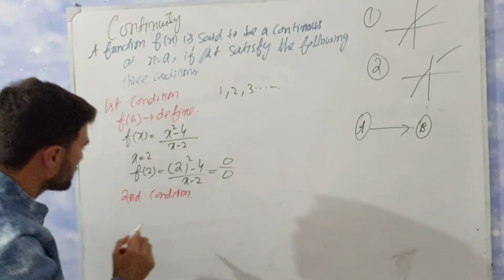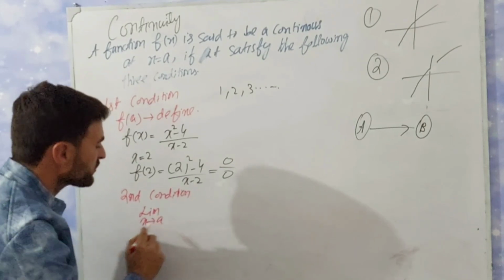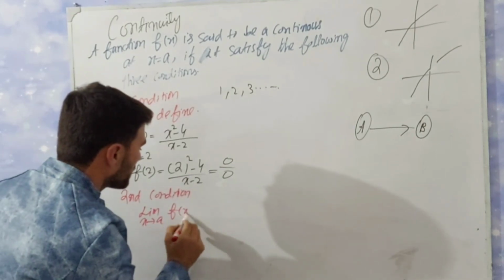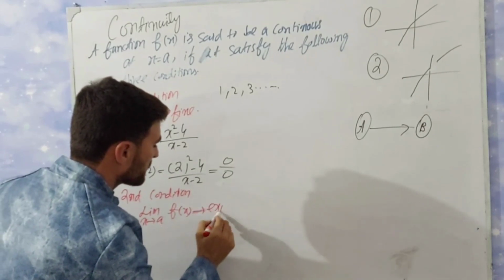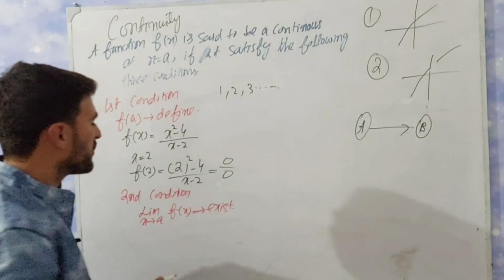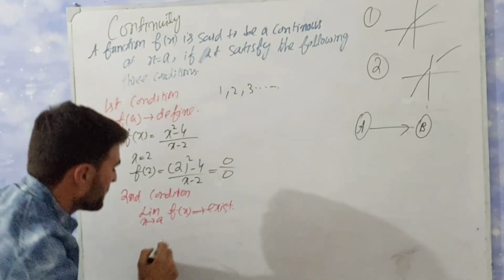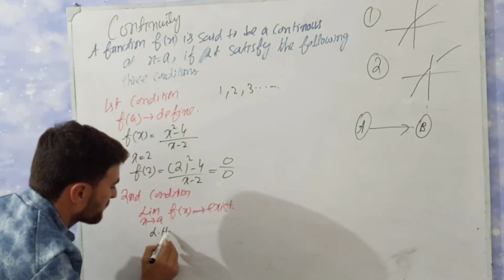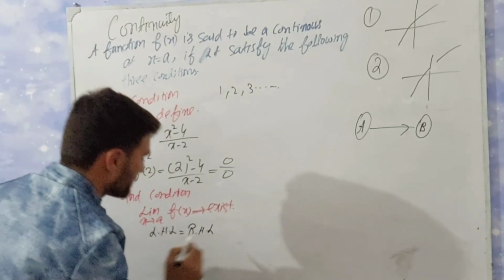The second condition is that the limit as x tends to a of f of x exists. What does it mean? It means that the left hand limit should be equal to the right hand limit.